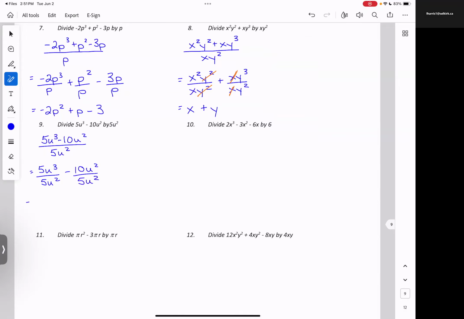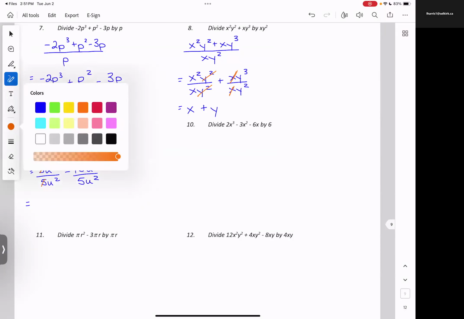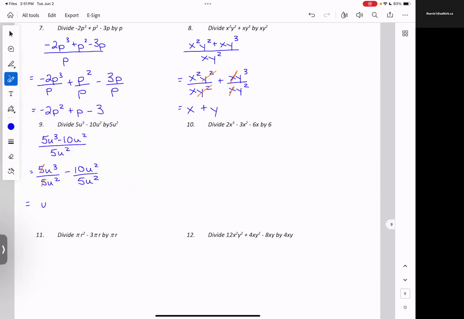And then we do those divisions. So 5 over 5 just goes to 1. They cancel each other out. Then we've got u cubed over u squared. That gives us a single u. Minus 2, and then our u's cancel there. So we end up with just u minus 2.